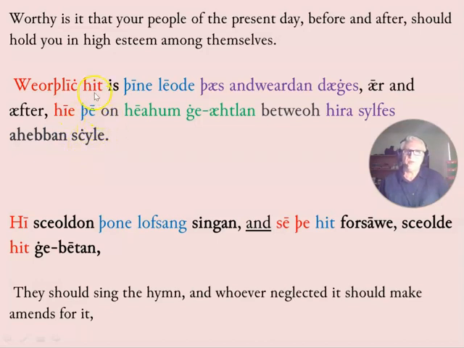So the conjugated verb here, should, becomes shula. Aheben is to hold you, raise you up, and then esteem is your achlam. Betwich hira solvis, which is in the genitive.